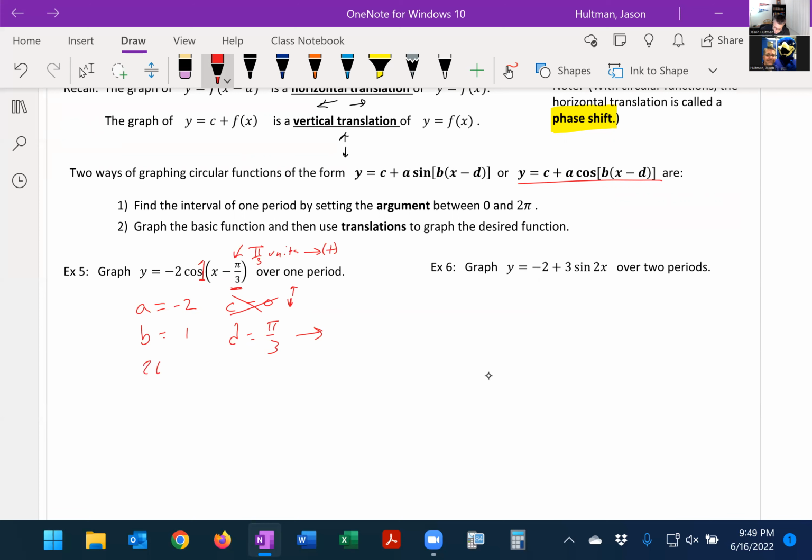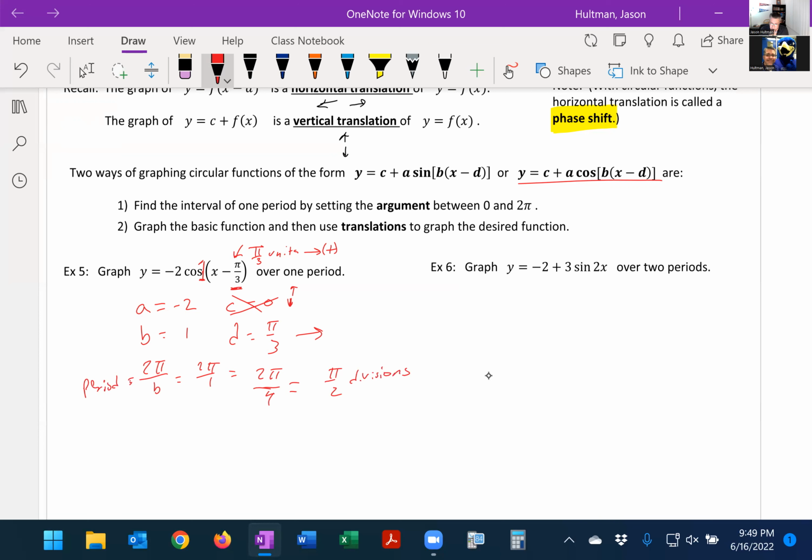It's still going to be 2 pi over b, but b is 1, so it's just 2 pi. So the period doesn't change. If we did 2 pi over 4, that would mean that every pi over 2 units are my divisions.